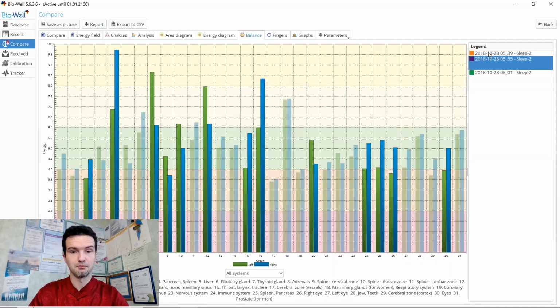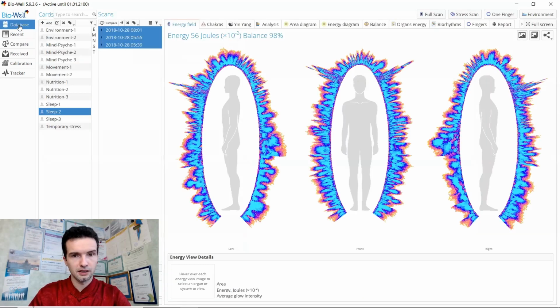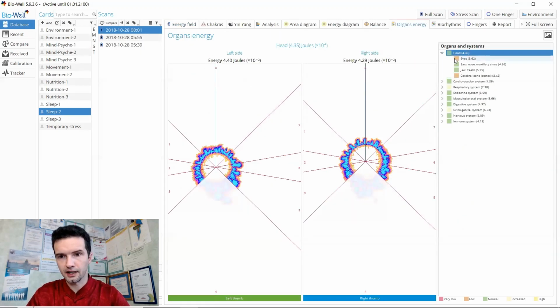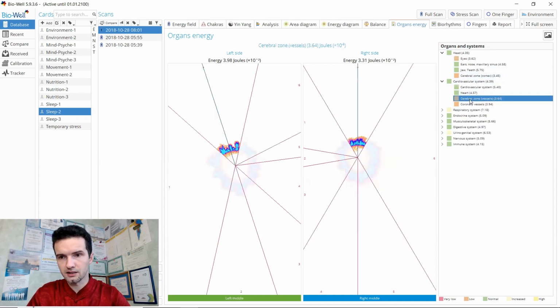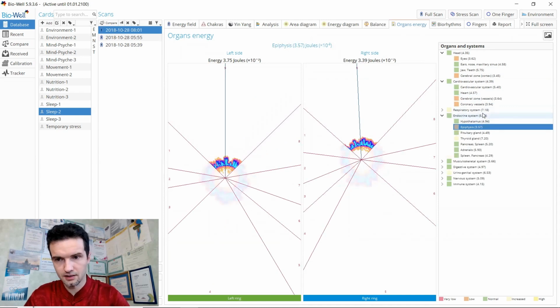Well, we'll see that there are many of them here, but again, we see the cerebral zone vessels are the lowest for this person. If we go to the organs energy and we check the head area, we see that the eyes and cerebral zone have an energy deficiency. And here we see the cerebral zone vessels also diminished, and also the epiphysis is too low.